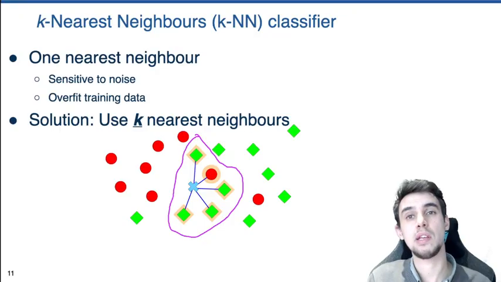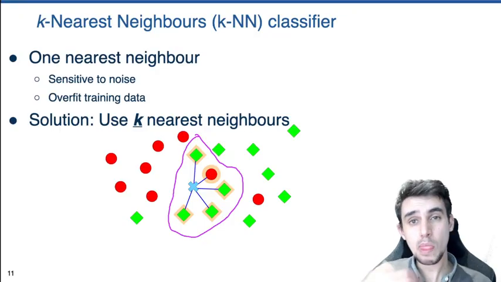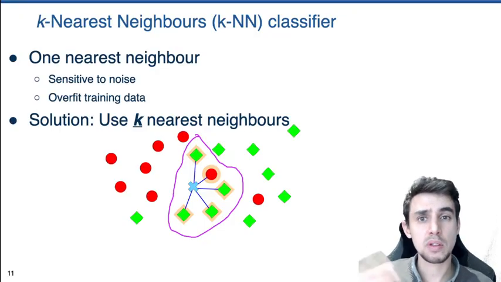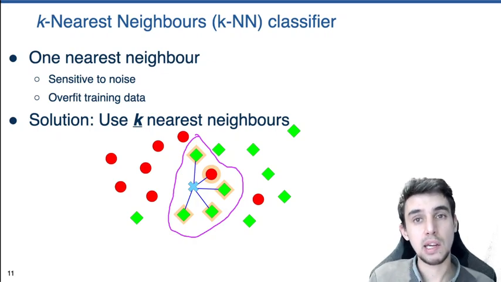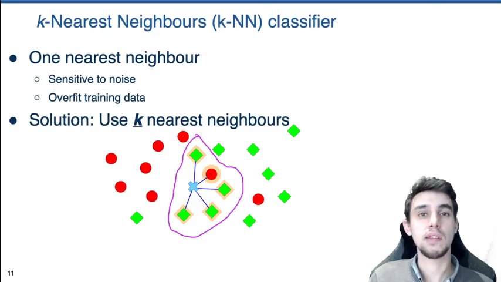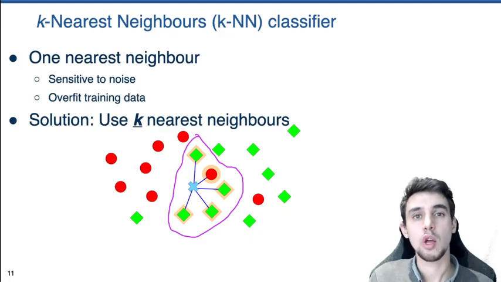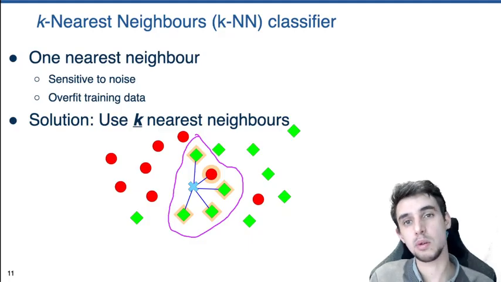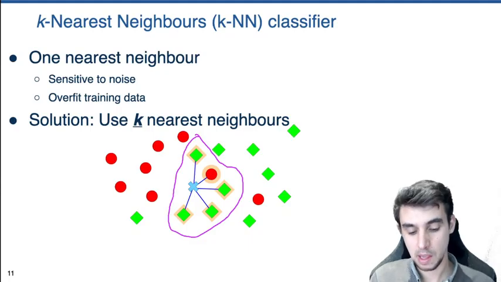As you can see, we now have one red dot, but on the other hand, 4 green squares. The outcome of the algorithm will simply be the class with the largest number of samples among the k-nearest neighbors. So the winning class here will be the green squares, because we have 4 samples compared to just one for the red dots.